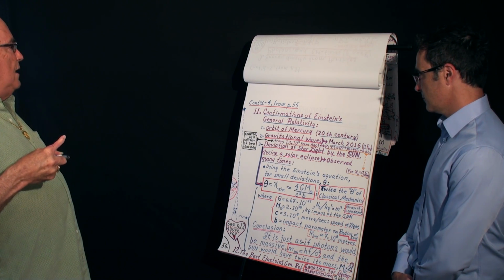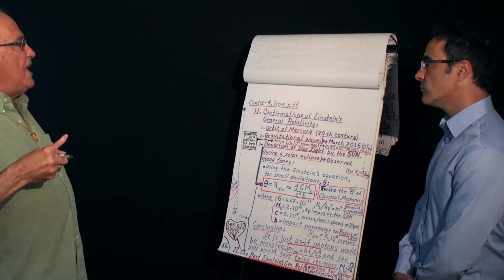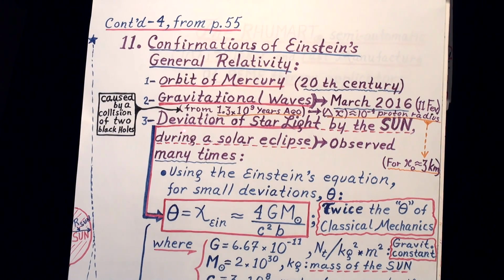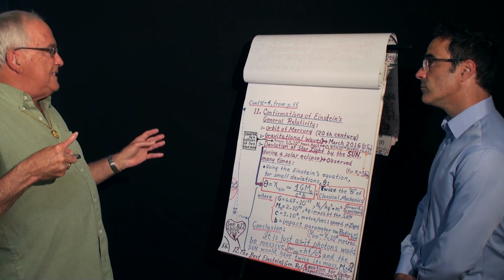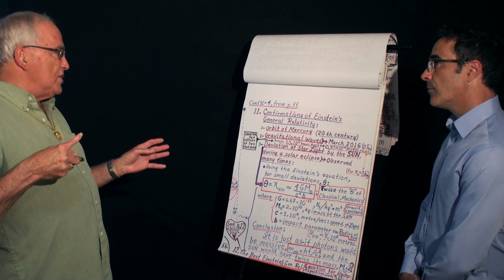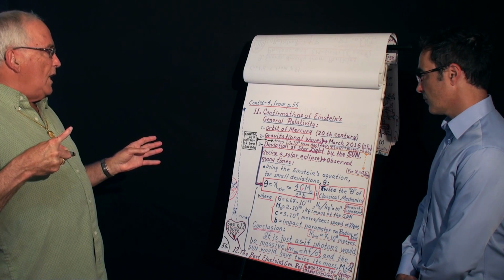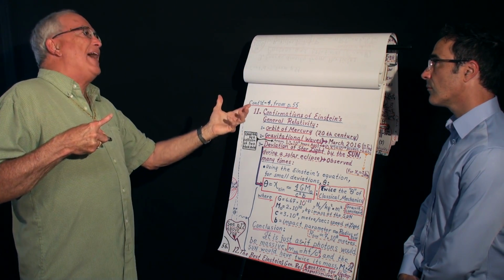And the third way is the deviation of starlight by the sun. This was confirmed in 1960 or 40, I don't remember the date. During a solar eclipse, it was observed, using Einstein's equation, the deviation of the light rays by a large mass such as the sun.